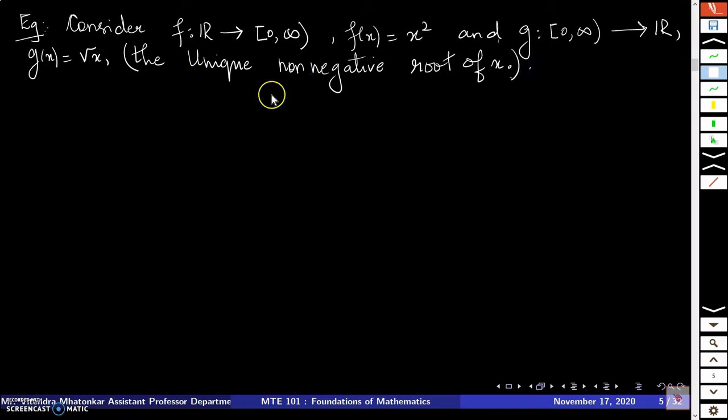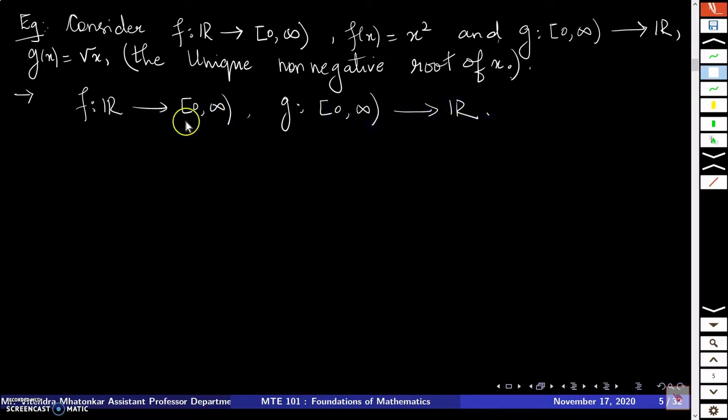So I want to talk about f composite g and g composite f. Let's see whether they are defined or not. Now f is a map from R to [0, infinity), and g is a map from [0, infinity) to R, right? So the codomain of f is the same as the domain of g.